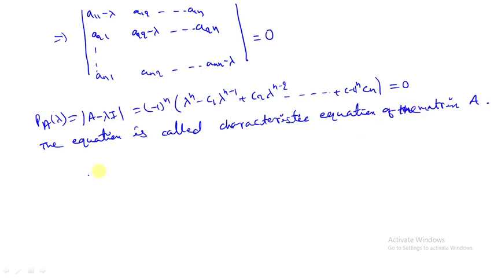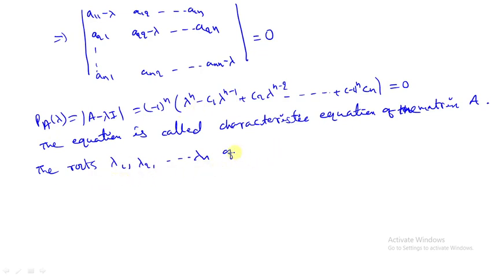The roots are lambda 1, lambda 2, up to lambda n. It is an nth degree polynomial equation, so how many roots? N roots.